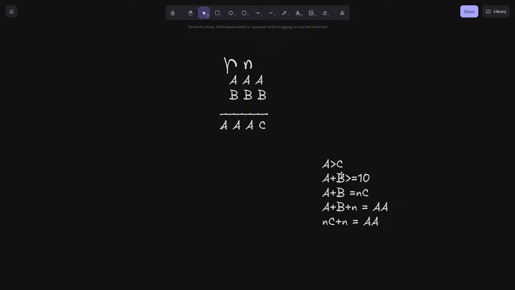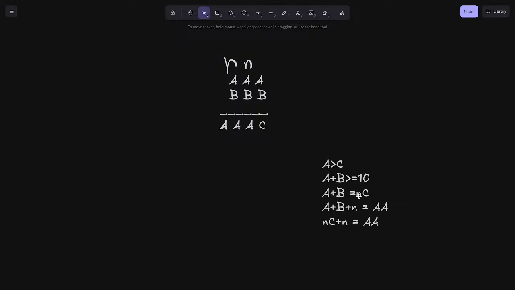So the minimum value that B can have is 9. So A plus B should be equal to NC. The minimum value that N can have is 1. The minimum value that C can have is 0. N can only be 1.